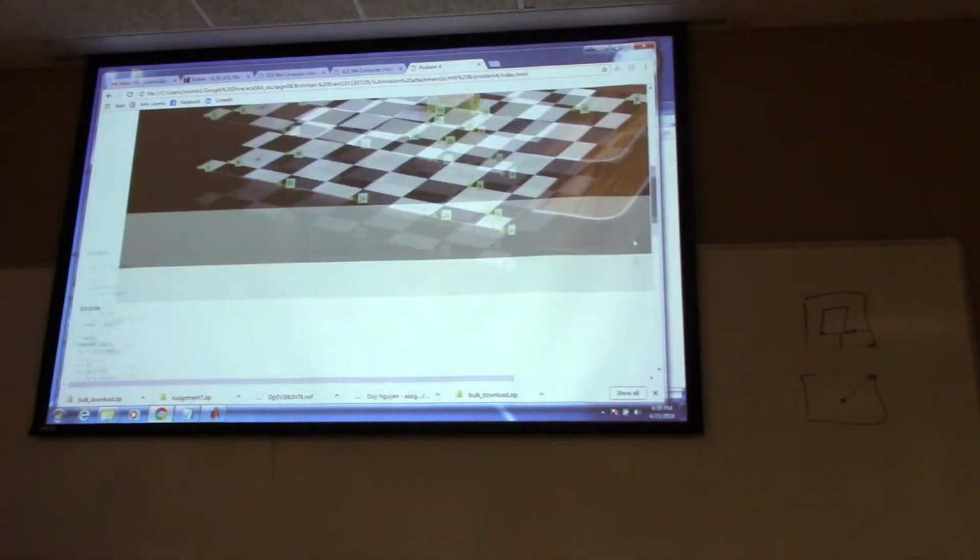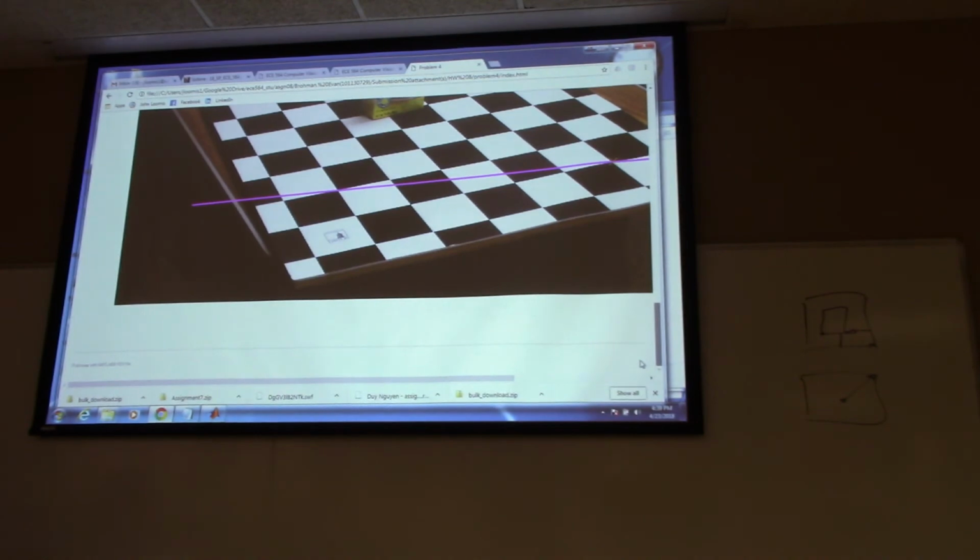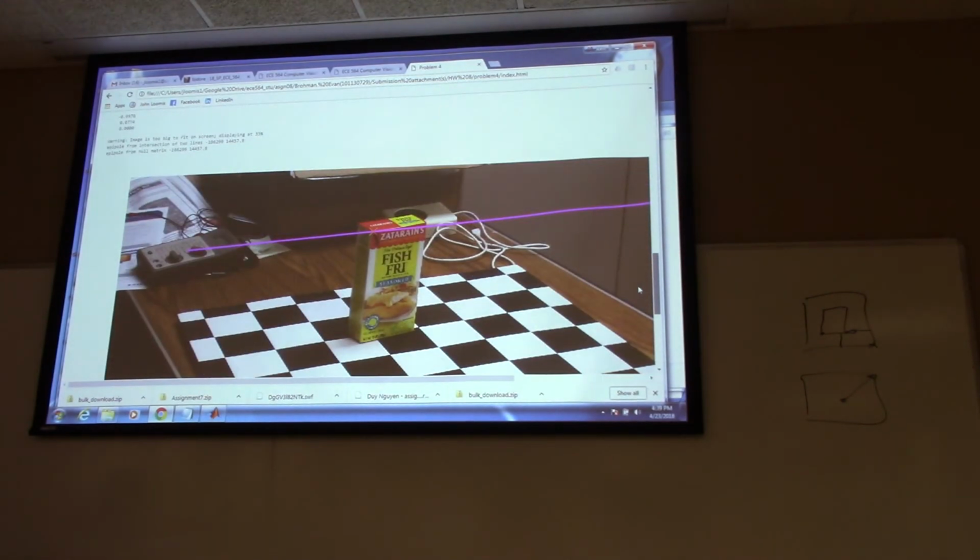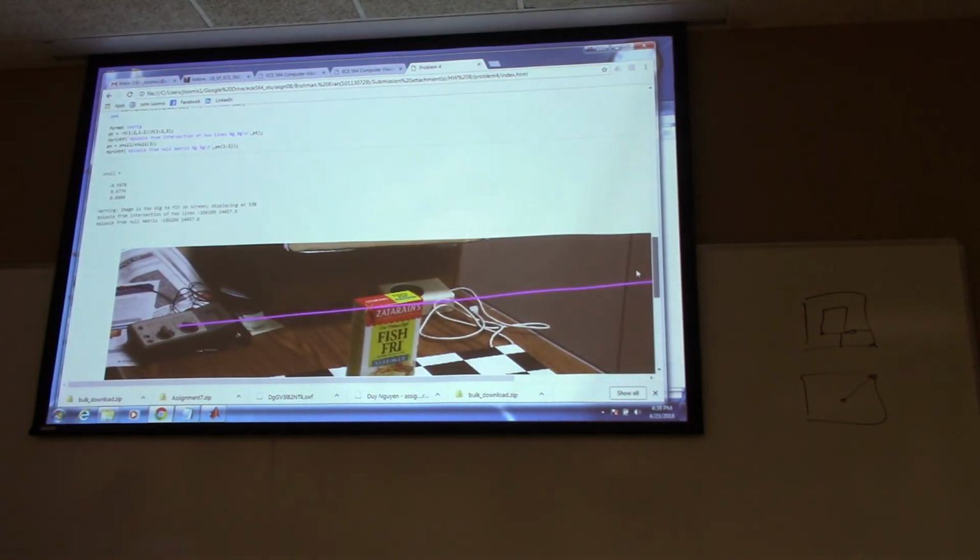Scroll down a little bit. There's nothing down. Sorry, go up. Just go up, right above the image. So epipole from intersection. Oh, here we go. And then epipole from the null. So the null gives you the epipole, the intersection of these lines gives you also the epipole, and then you can look at the agreement there. Okay.